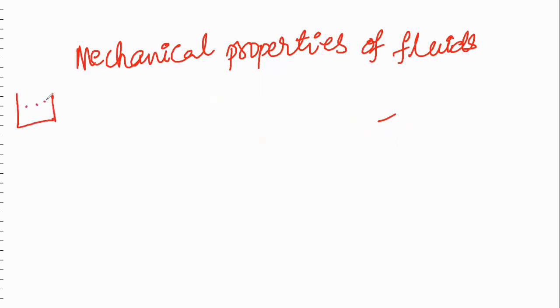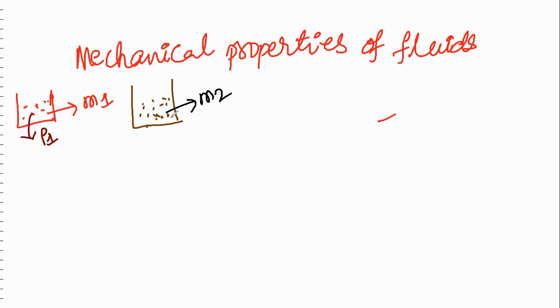This is one liquid of mass M1 and density rho 1. The other liquid has mass M2 and density rho 2.